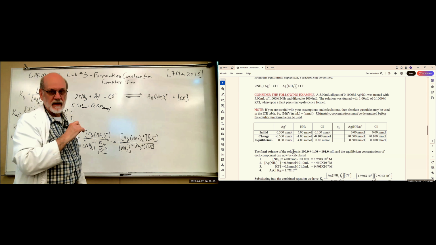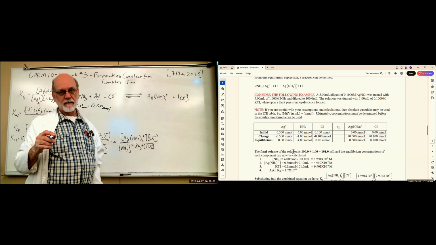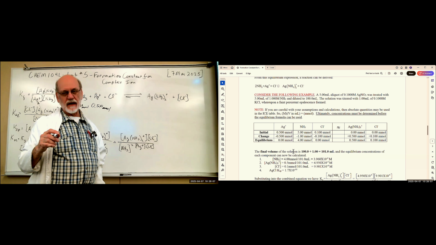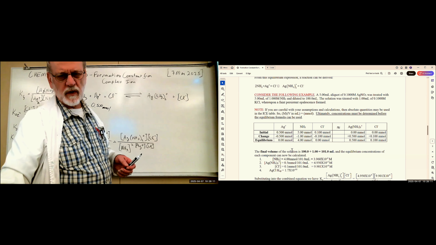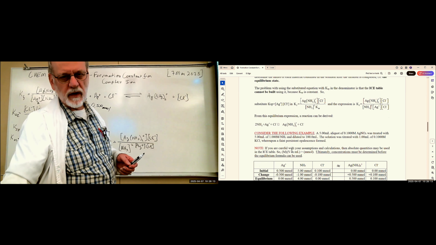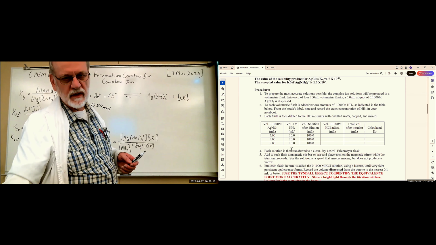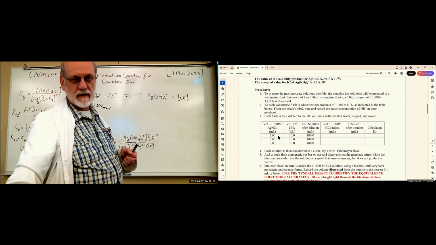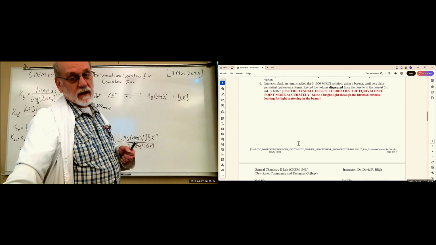Okay, that's what we put in. Chloride is, let's see, initial amount of chloride was 0.1 millimole. Hold on, let's go back. Set up the experiment. Okay.